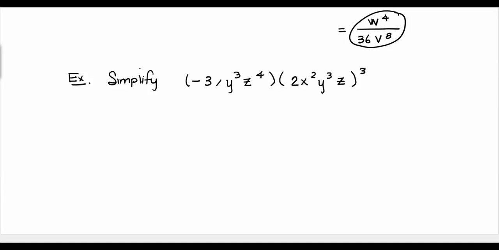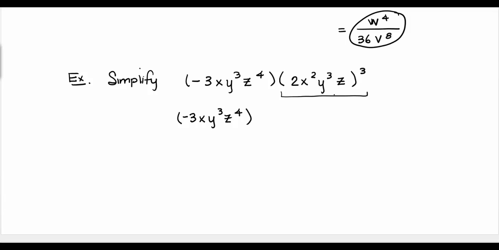Okay, so somehow I lost my x over here. All right, so I would look at this part first. I'm going to keep this out here. I have negative 3xy cubed z to the 4th.